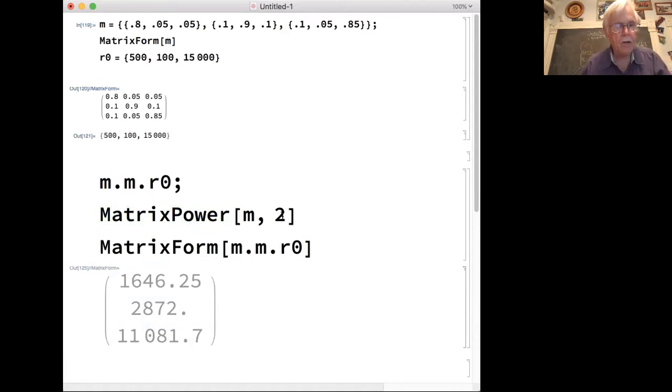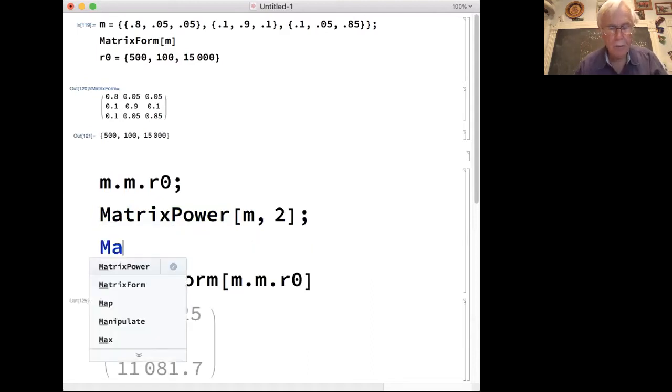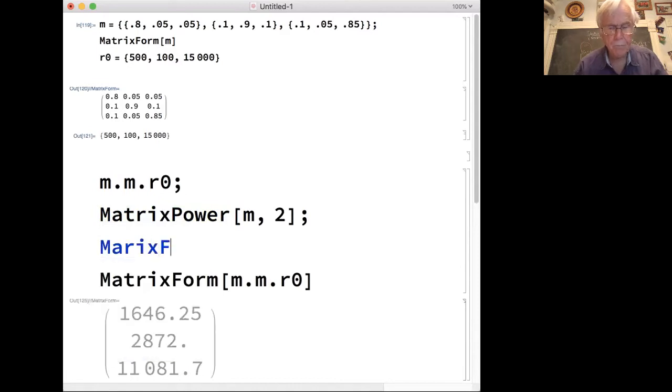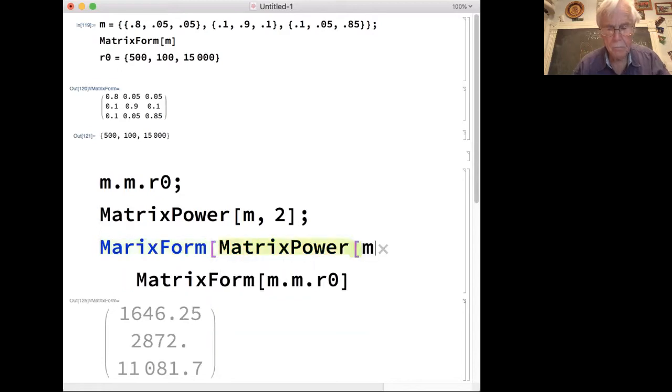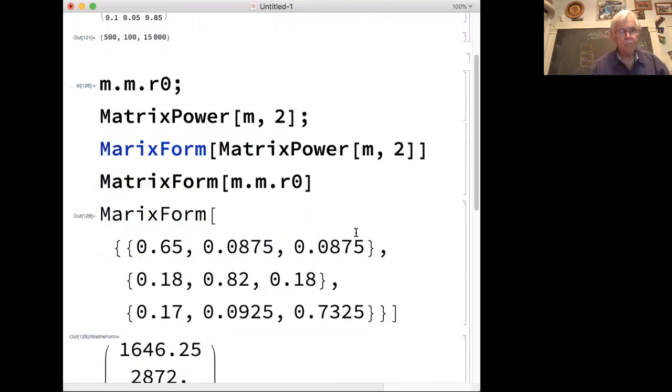So I will actually look at the matrix form of that, the matrix form of matrix power of M2.